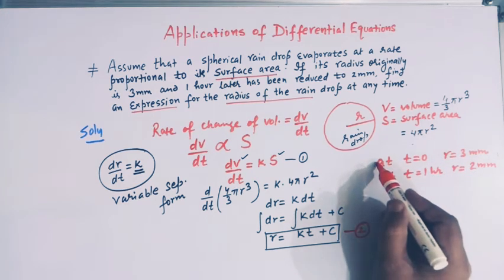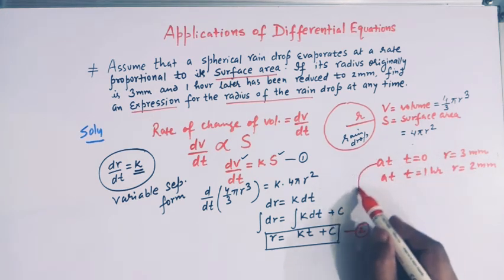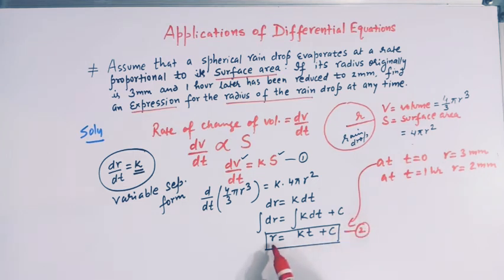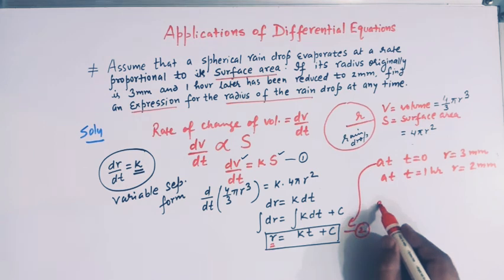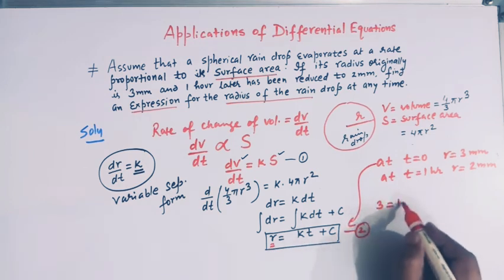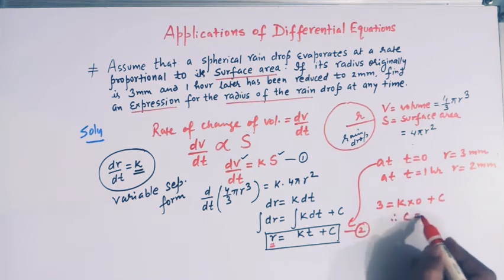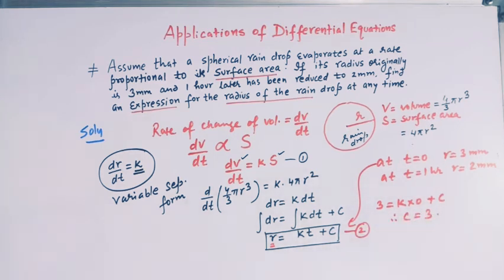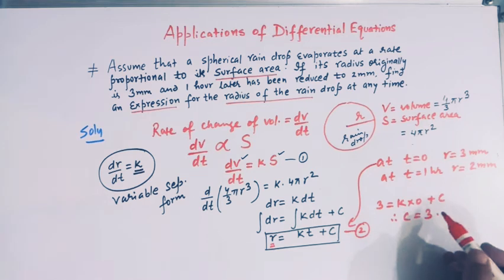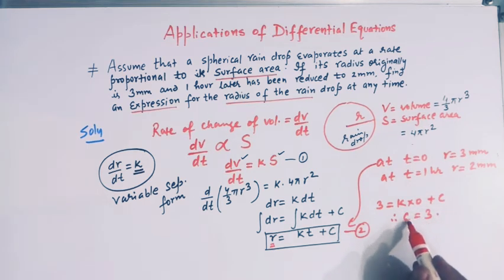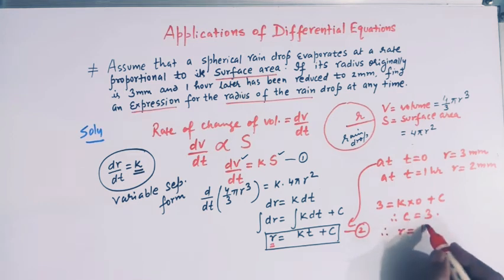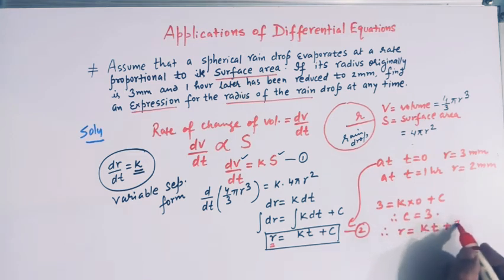Let us first substitute the first condition. Here we'll have 3 equal to k times 0 plus c, therefore c is equal to 3. Substituting the value of c, we get r is equal to kt plus 3.